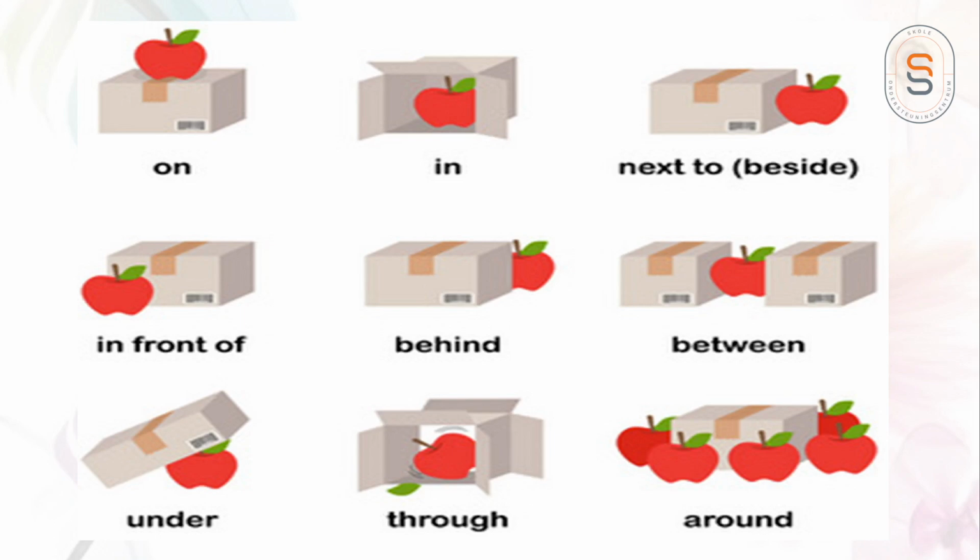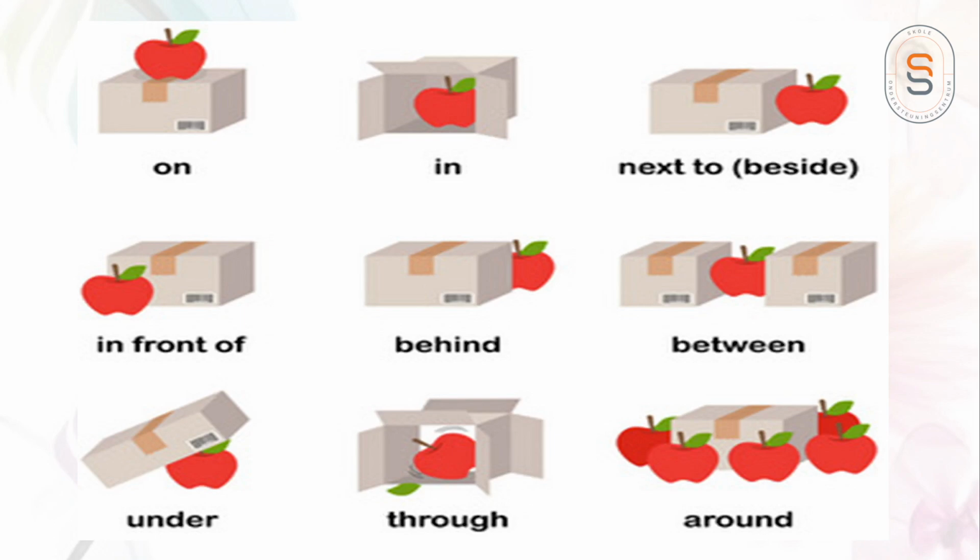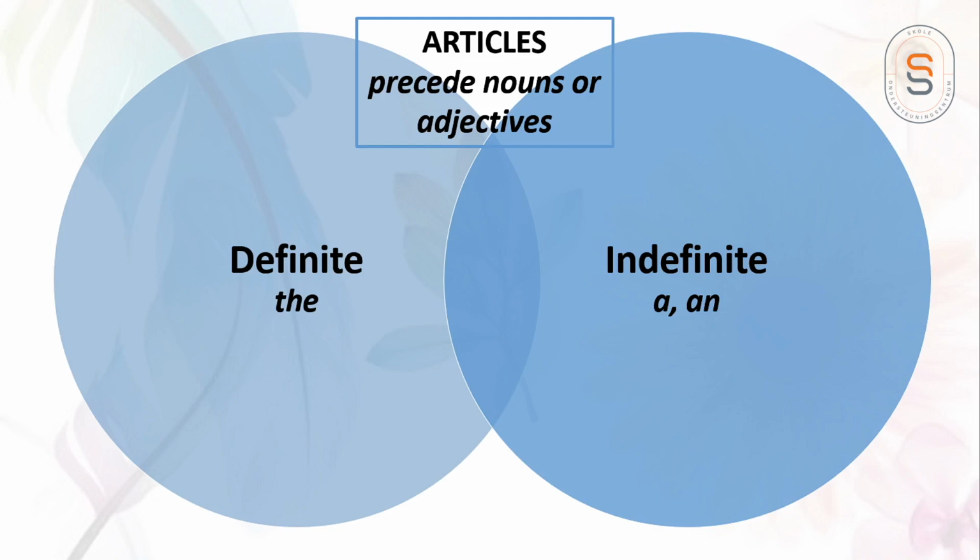So the teacher sat on the chair behind her table in the classroom and spoke to her pupils. Right there on your screen are quite a few examples of prepositions. And if you look at the word preposition, the word position is in there and it indicates a position, right, of where it is, on, in, next to, in front of, behind, between, under, through, and around.